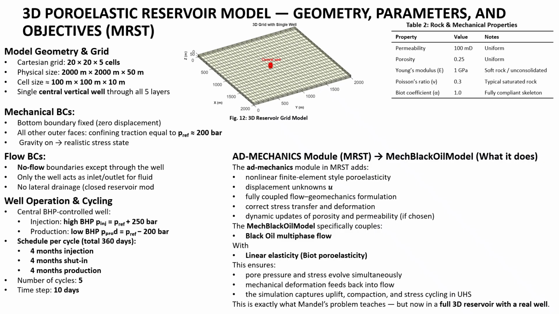Also, how the BHP, well pressure and flow rates reflect the poroelastic response of the reservoir. In other words, this model provides a bridge between the Mandel benchmark and the long-term geomechanical stability of an underground hydrogen storage site. So with this in mind, let us now look at the results and see how these poroelastic effects unfold over the storage cycles.